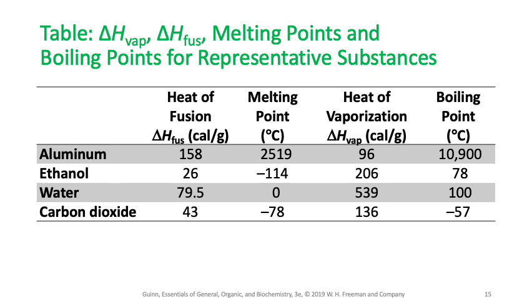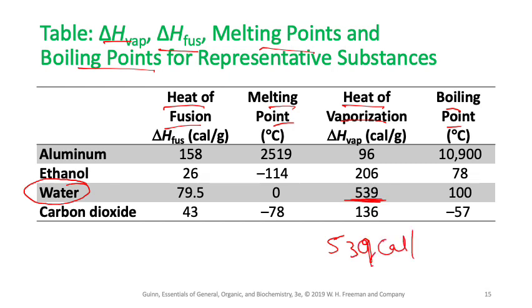So this is a table showing the heat of vaporization, heat of fusion, melting point and boiling point of some substances. So we have aluminum, ethanol, water, carbon dioxide. If you look at water, the heat of vaporization is 539 calories per gram.